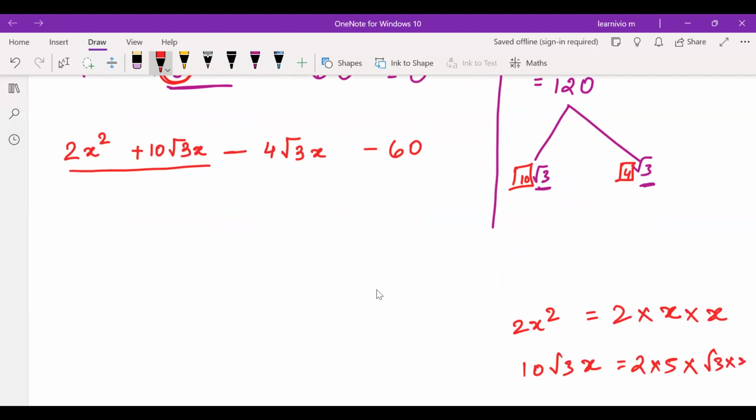Can you see it, Zoha? Yeah, I can see it. What will be there as a common factor?